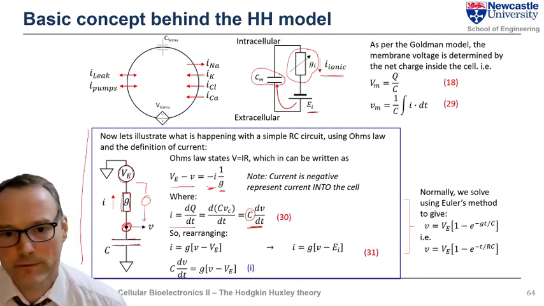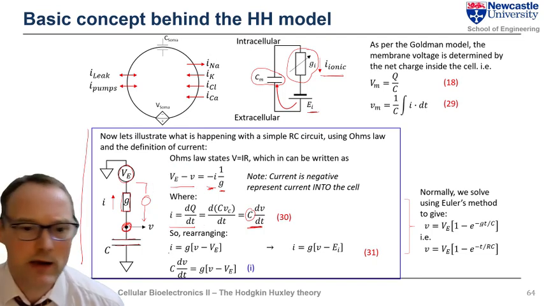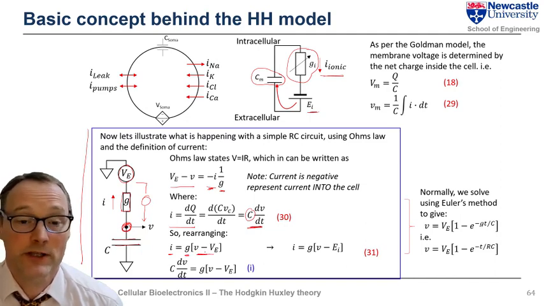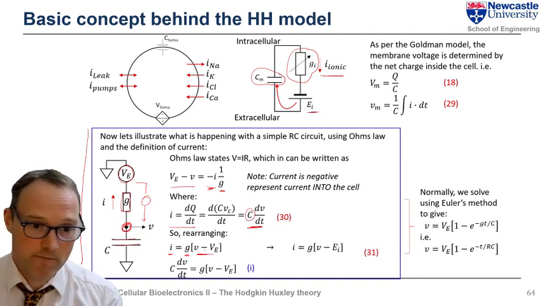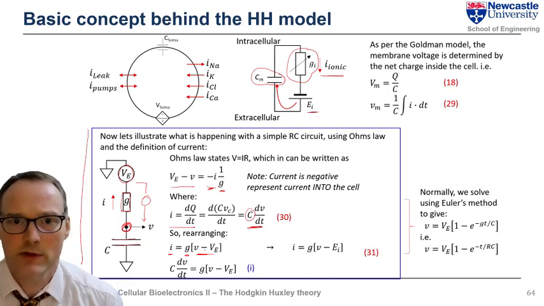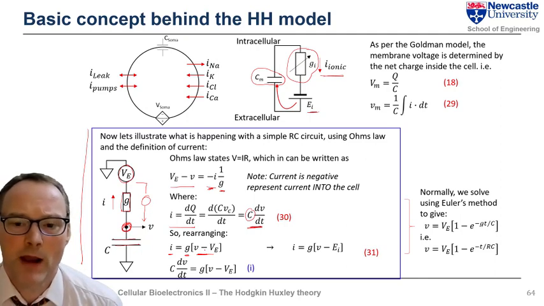So if we rearrange these two, we can say the current in this system is equal to the conductance times the difference in these two voltages, the voltage across the capacitance times whatever voltage you're applying.